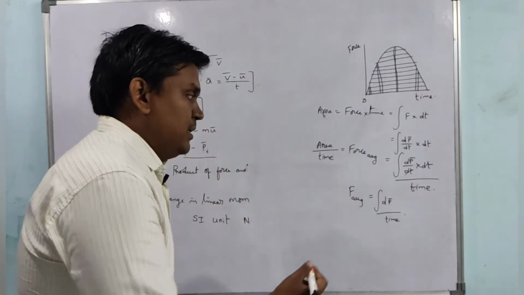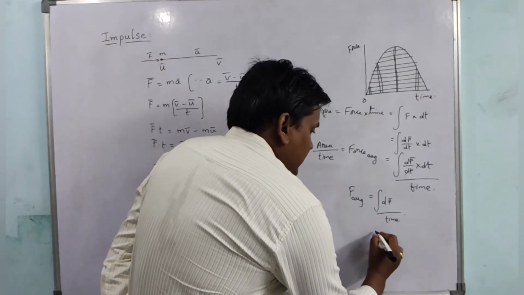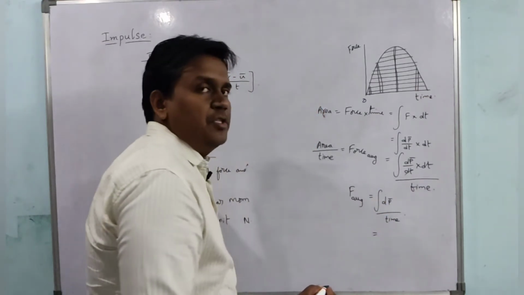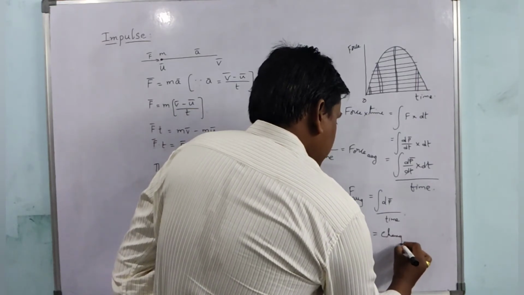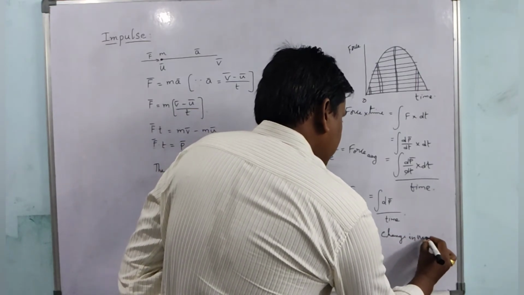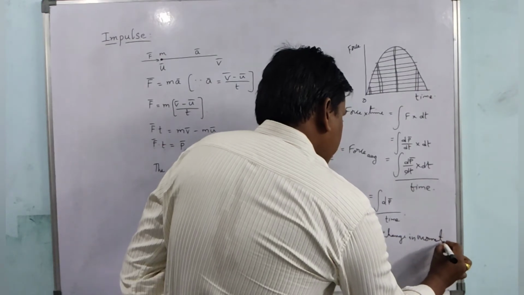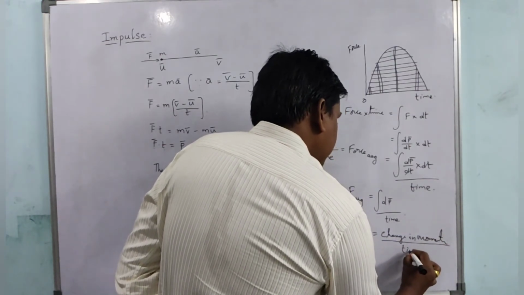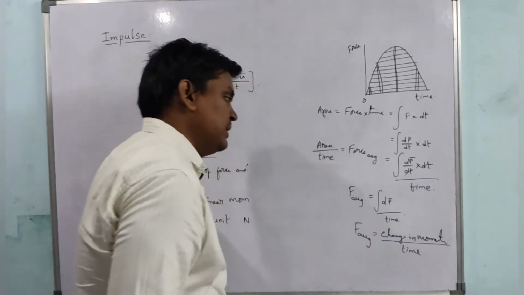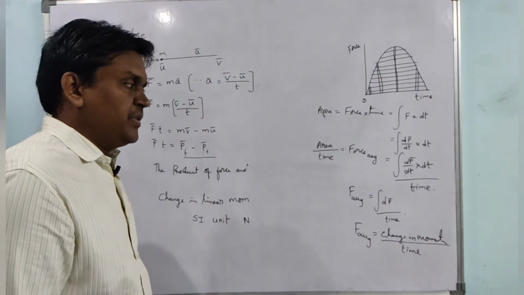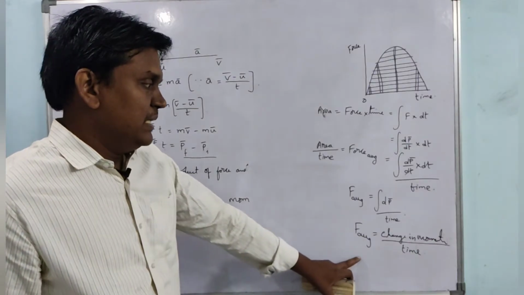Here the integral of dp bar is the change in momentum, so the average force equals change in momentum by time.